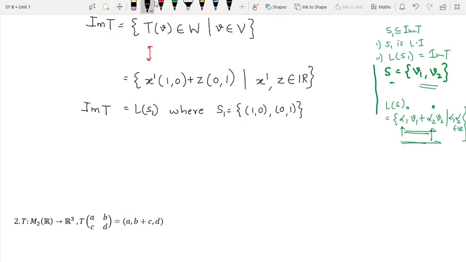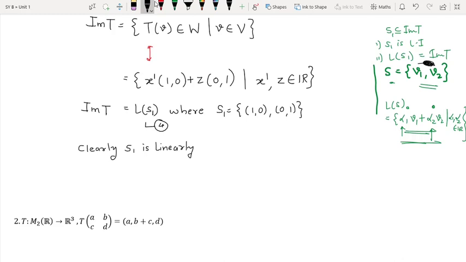This is our S1. So you can see we got the second condition already, so I will call it sum 4. Now we are supposed to check whether this S1 is linearly independent or not, but clearly it is linearly independent because it is the standard basis of R2 in fact, right? So I'll say clearly S1 is linearly independent.